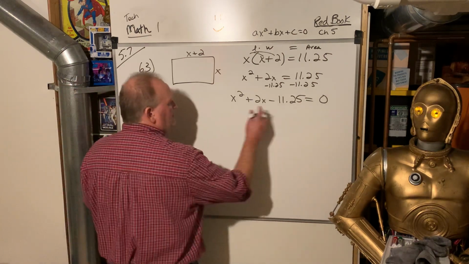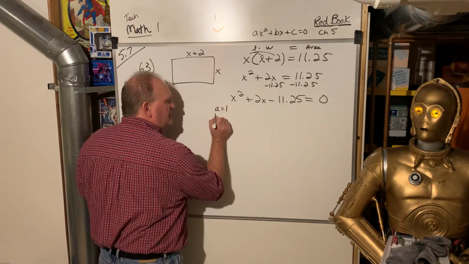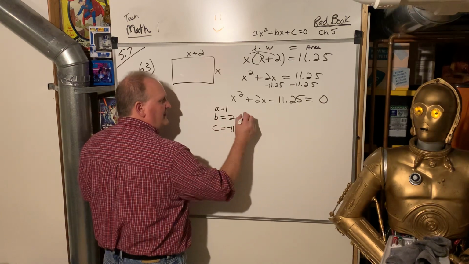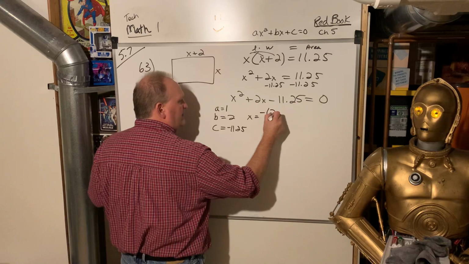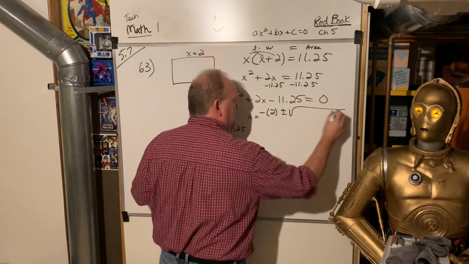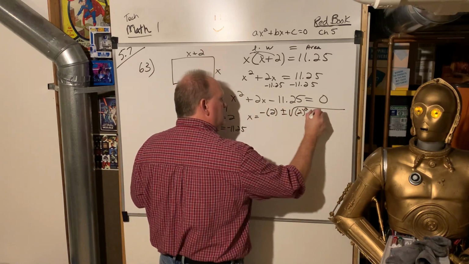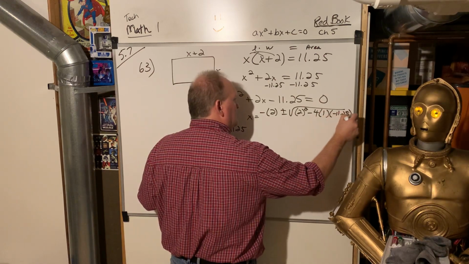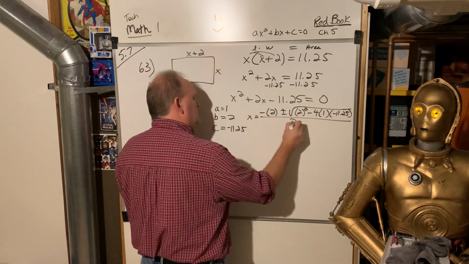Let's do quadratic formula. So a is equal to 1, b is equal to 2, c is equal to negative 11.25. And then the opposite of b plus or minus the square root of b squared minus 4ac, all over 2a.